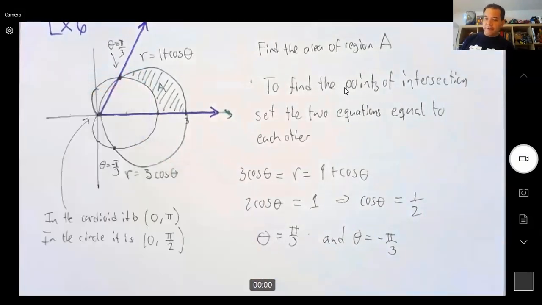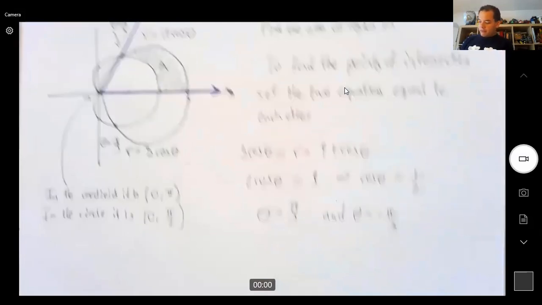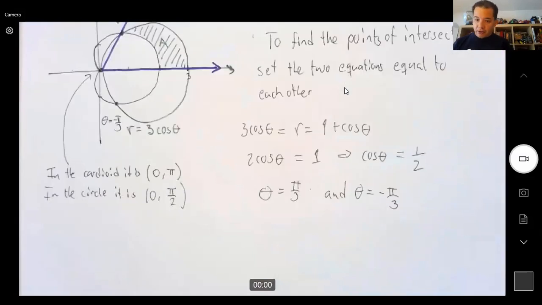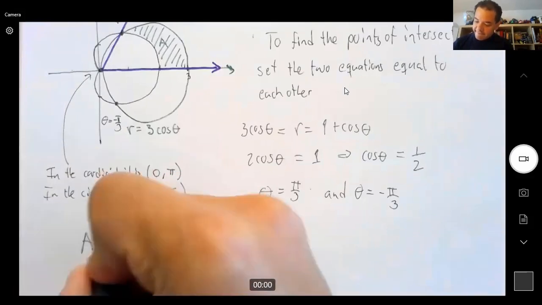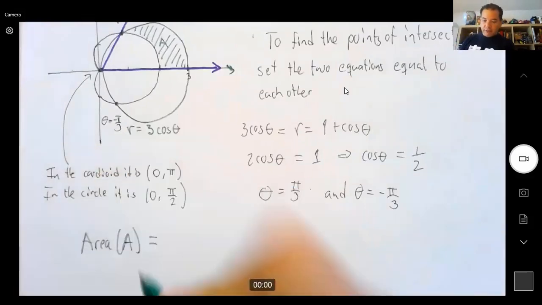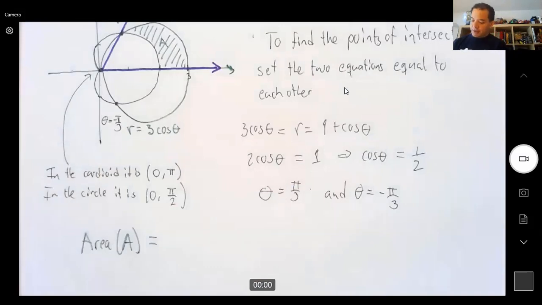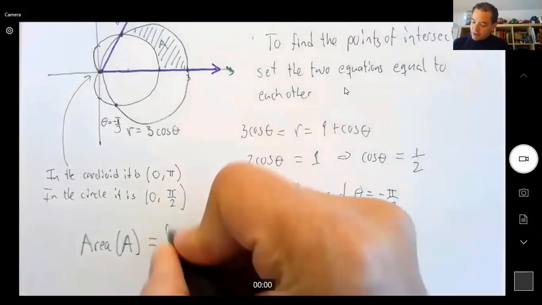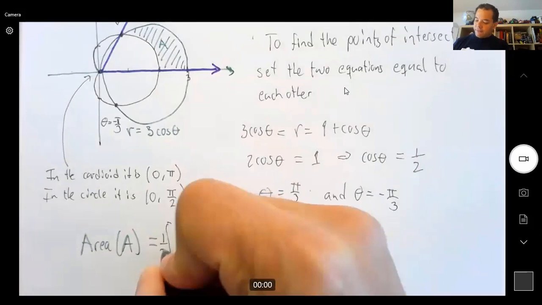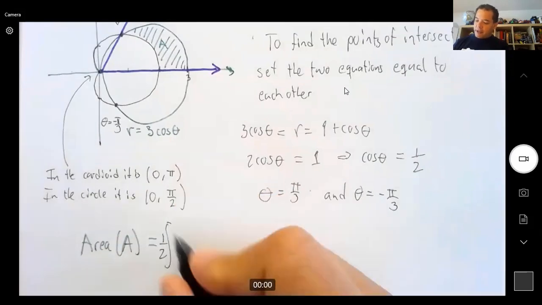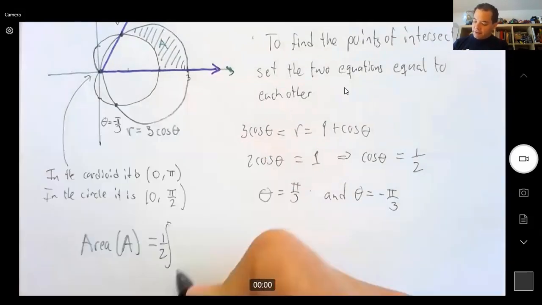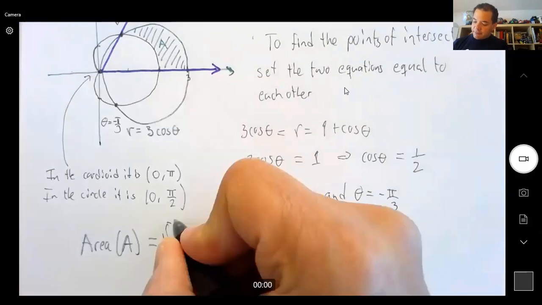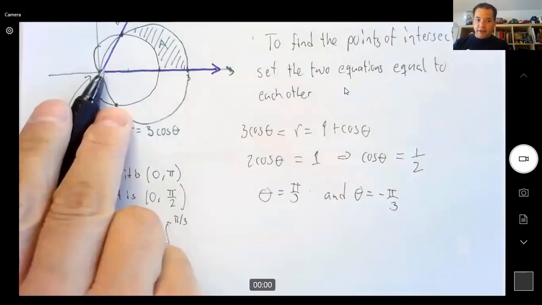Okay, so now let's set up the area. So how will we do the area of A? So area of A, it has to be an integral, right? It's like this. So 1/2 of the initial to the ending one. So the initial is 0, and the ending one is pi over 3, this ray over here.